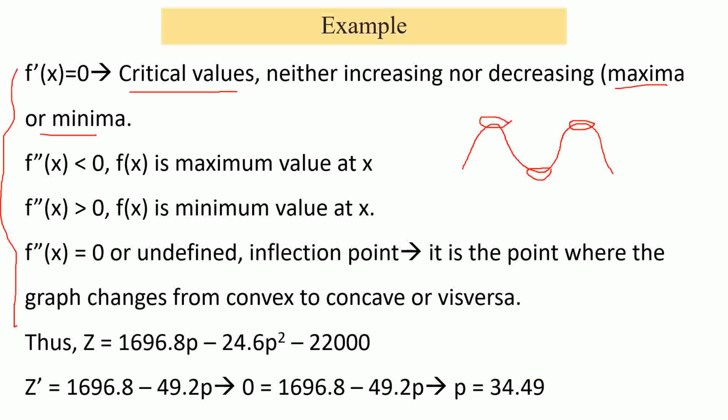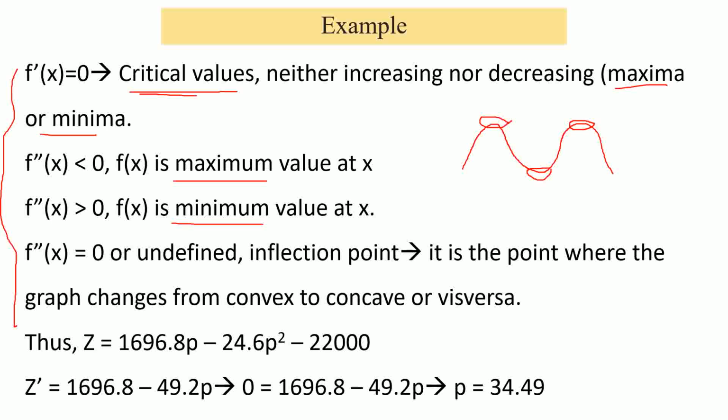So we can identify the maximum and the minimum value by differentiating twice and substituting the x value, that is the critical value that we obtained in the previous step. Anyway, we will see it with an example.